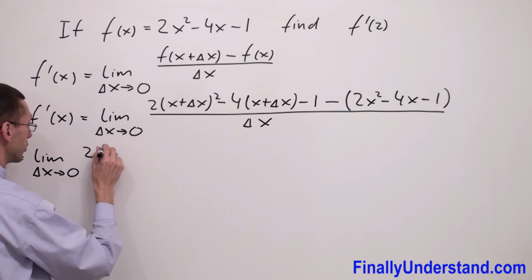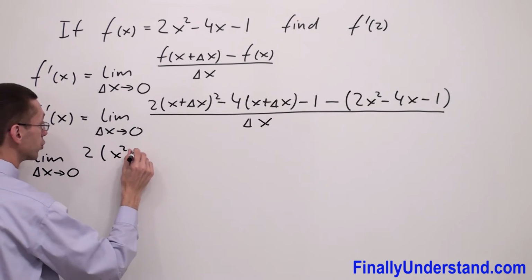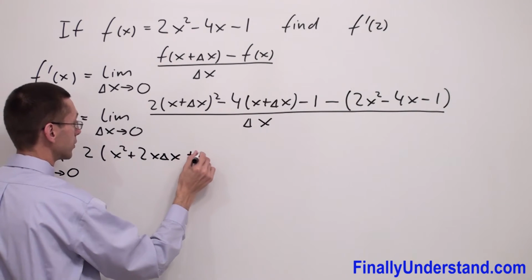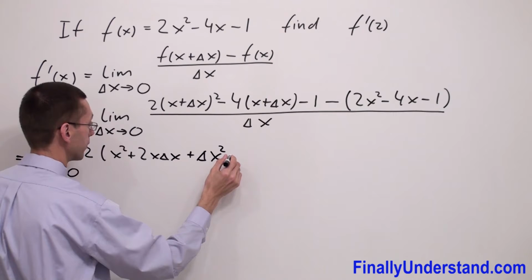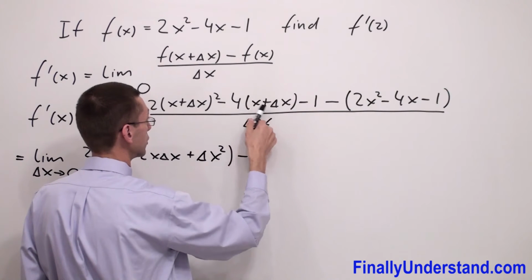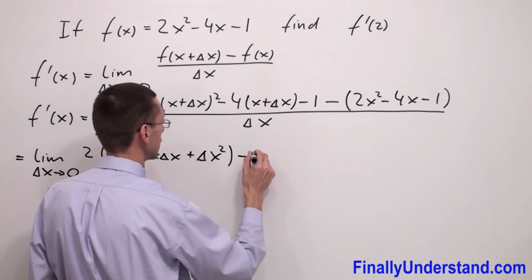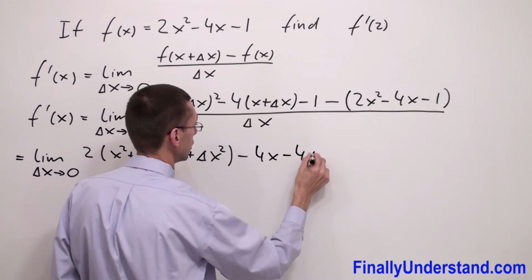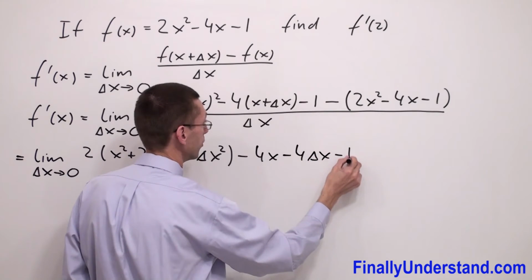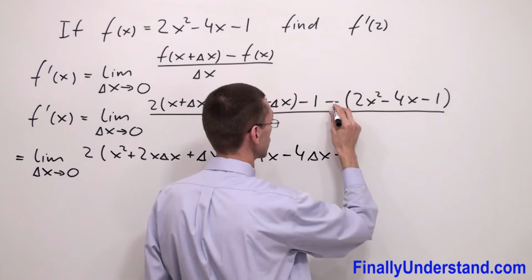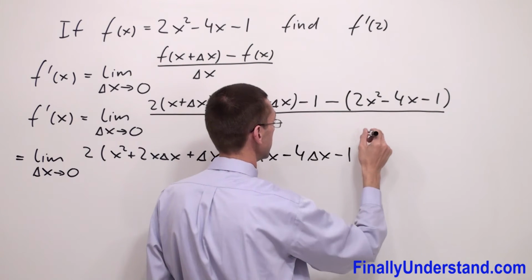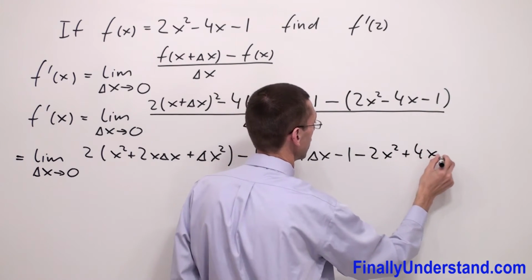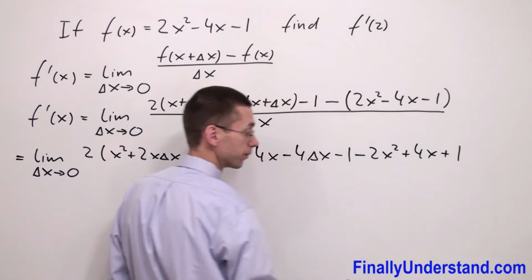So I'm going to write x squared plus 2x delta x plus delta x squared, minus, I'm going to multiply 4 by the parentheses, so I have negative 4x, minus 4 delta x, copy down minus 1, and I have a negative sign, so negative is going to change every single sign inside of the parentheses. I'm going to have negative 2x squared plus 4x plus 1.